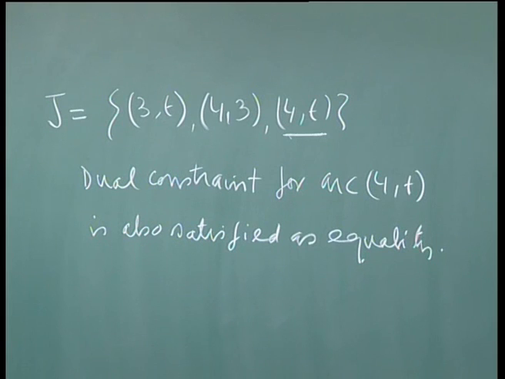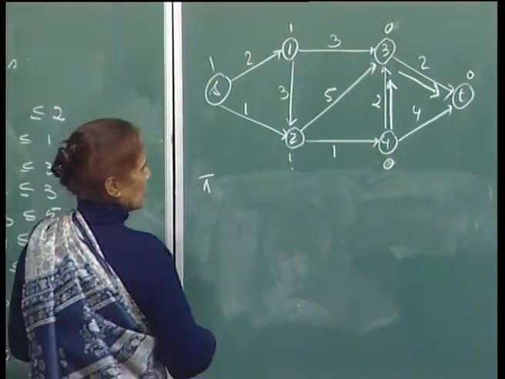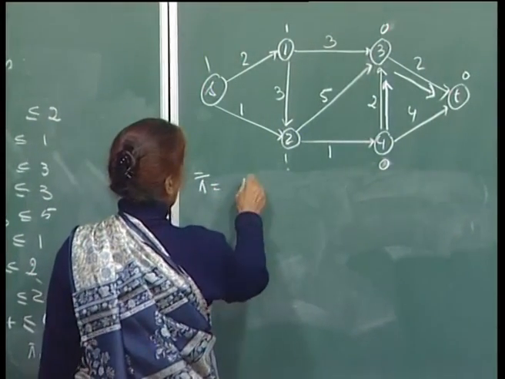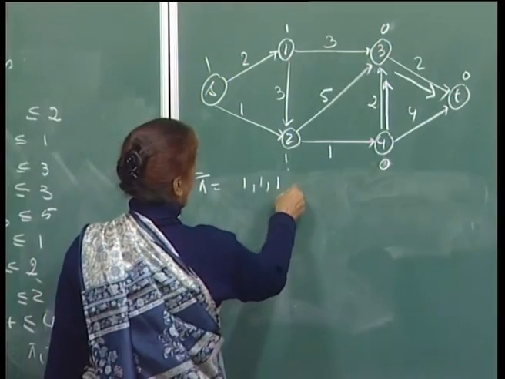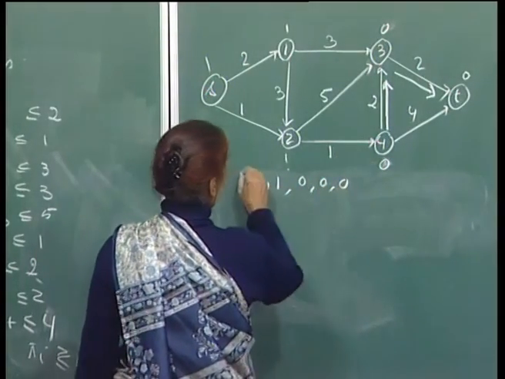Arc 4 comma t was left out, but if you look at the dual variables, you can immediately check that the dual constraint for arc 4 comma t is also satisfied as equality. Therefore, arc 4 comma t should figure in the set J. So, once you have your pi bar, this is 1 1 1, then 0 0 0.